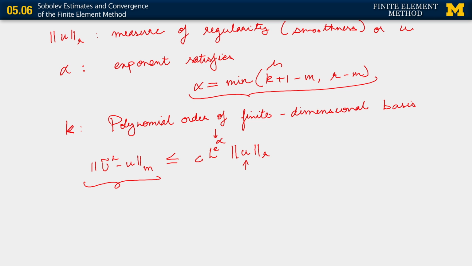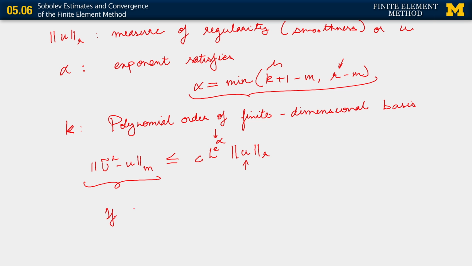Now, why does this matter? The question is, what happens with our interpolation error as we refine the mesh? Okay? If r is big enough, then alpha essentially reduces to k plus 1 minus m, right?